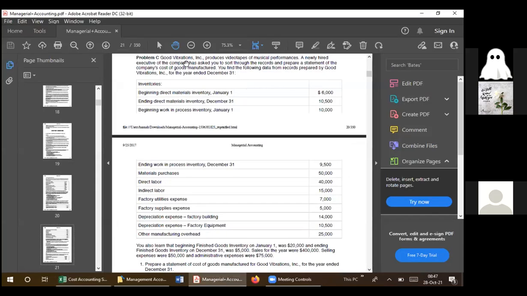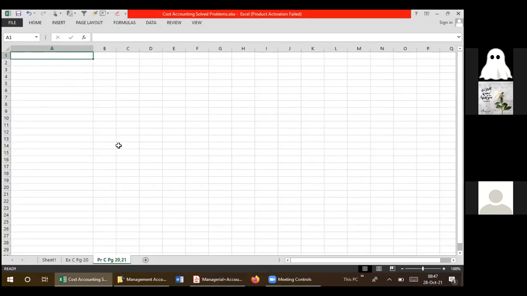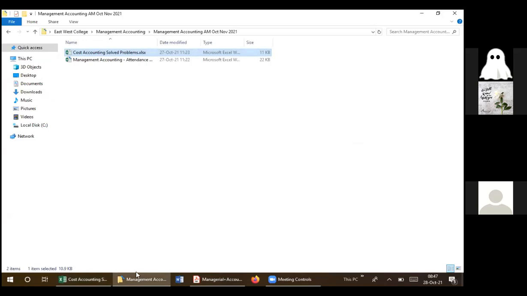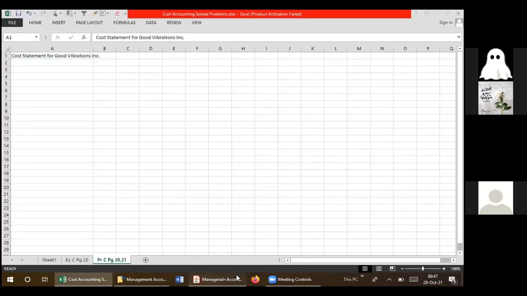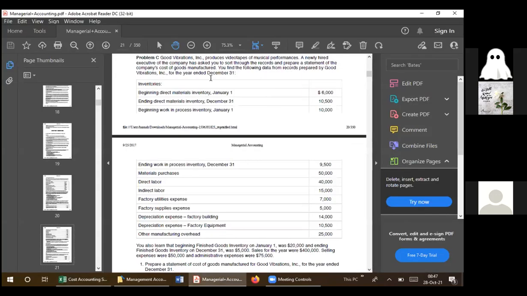The question says Good Vibrations Incorporated has all this information, and we are supposed to make the cost statement. So we'll give the title. For the period ended, we'll have to write here. What's the period of the statement? 31st December.